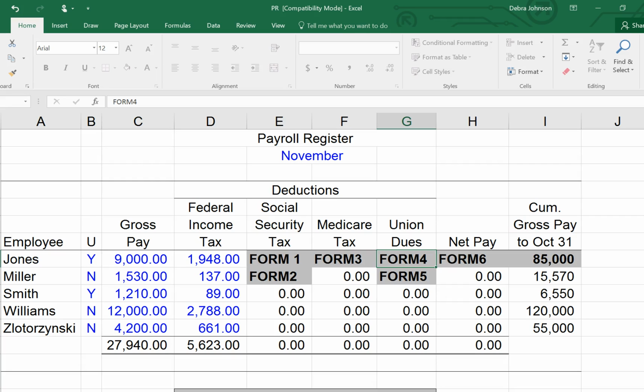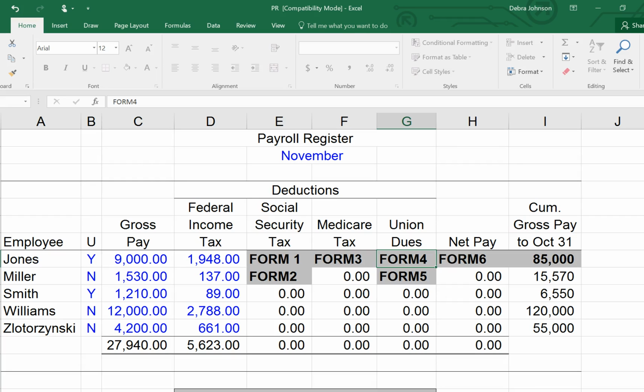Knowing this, let's create an equals if function that will look to determine whether the employee is a union member. If the employee is a union member, then we will charge the employee $25, and if the employee is not a union member, then we will charge them $0.